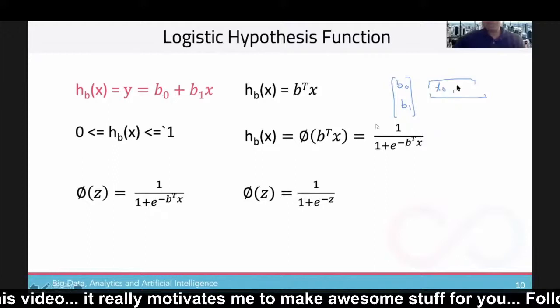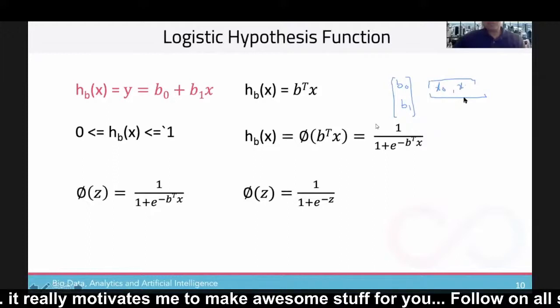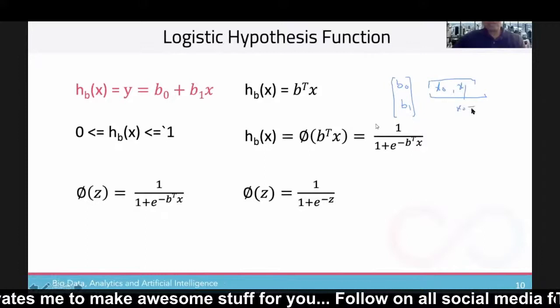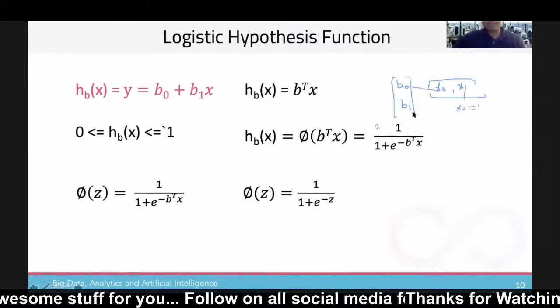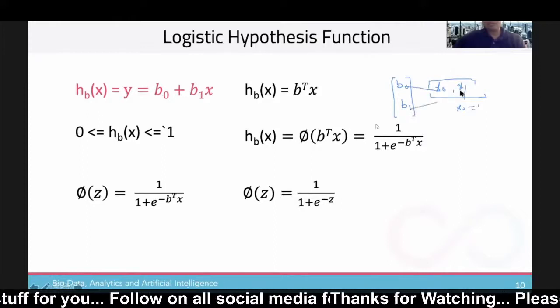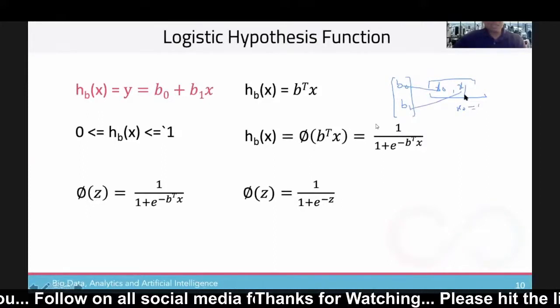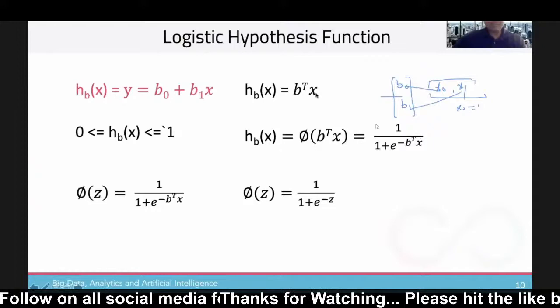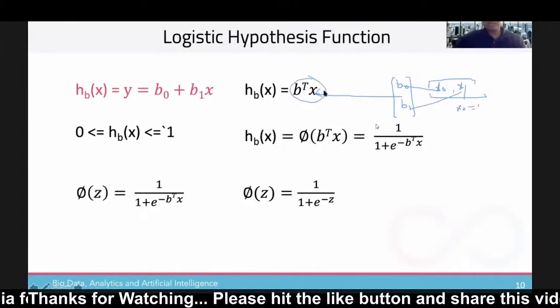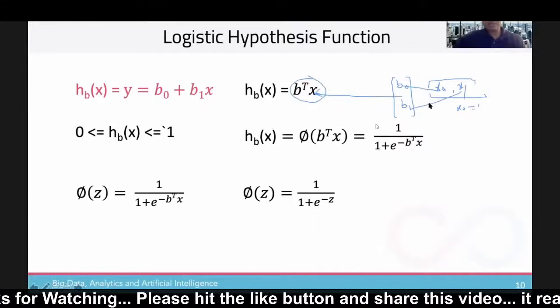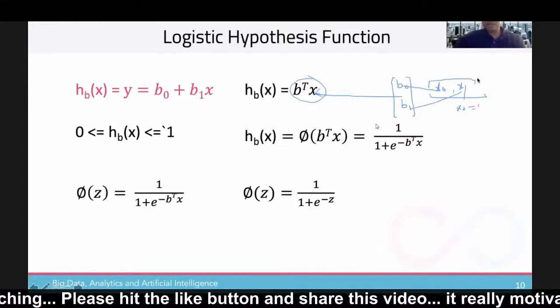In this scenario, x naught is equal to 1, and if we transpose that, we can easily get the cross product of this and this. So we can write this equation as b transpose x, meaning we have a b transpose variable multiplied by x. Let me clear that drawing.